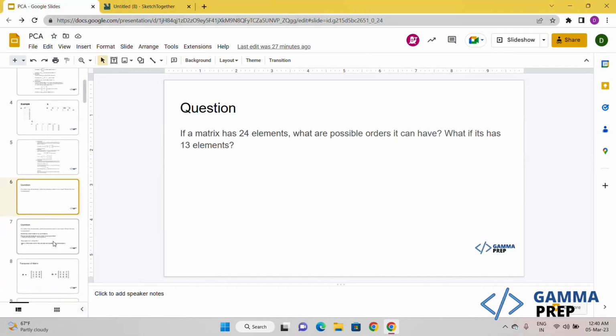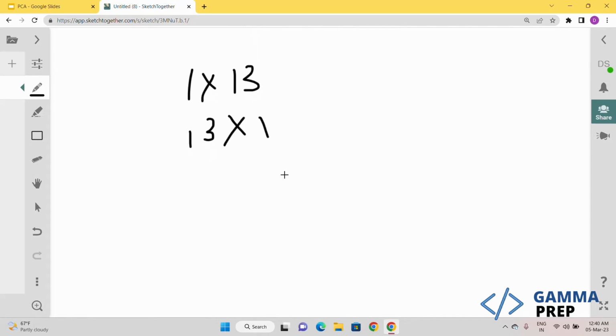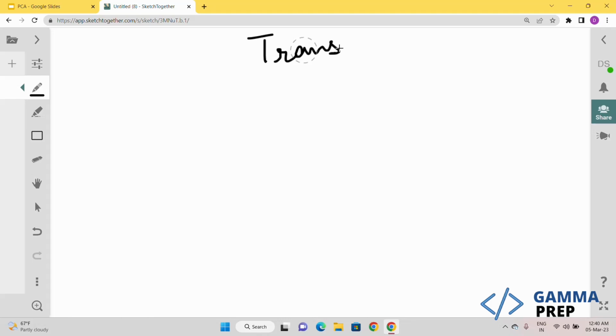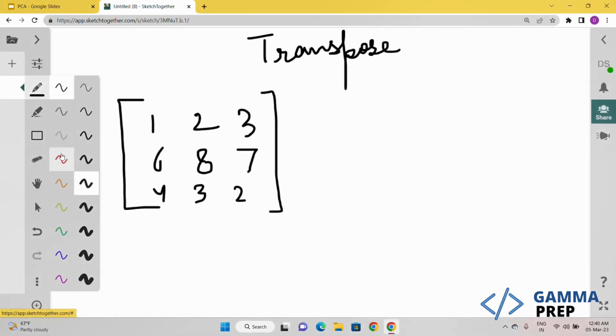Okay, so now let's move to what is the transpose of a matrix. So, what does transpose of a matrix mean? Let's say we have a matrix like this. Okay. Now, a transpose of a matrix means that the rows become columns and the columns become rows.